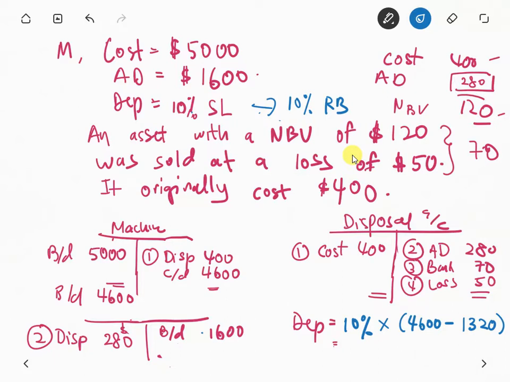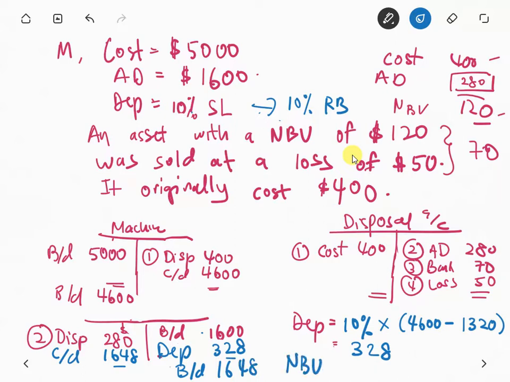So it will be 3280, 10%, 328. Depreciation 328. What's my carry down, brought down? 2048, 1648. Brought down 1648. What is my net book value at the end? 4006 minus 1648.